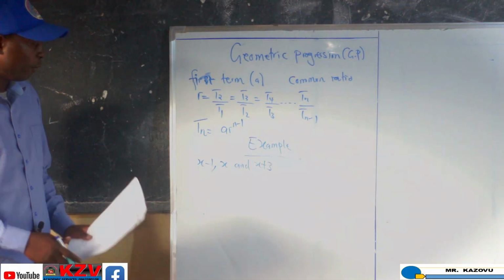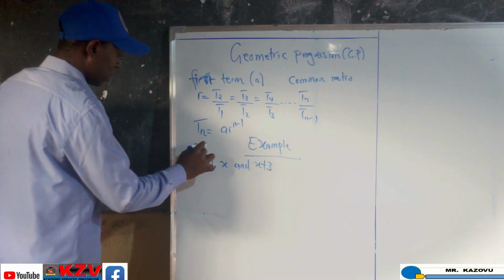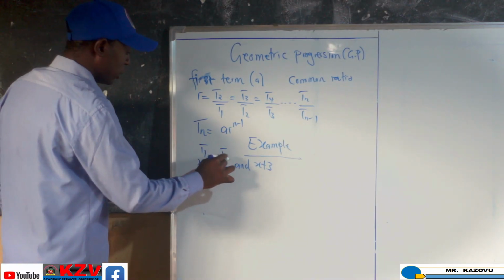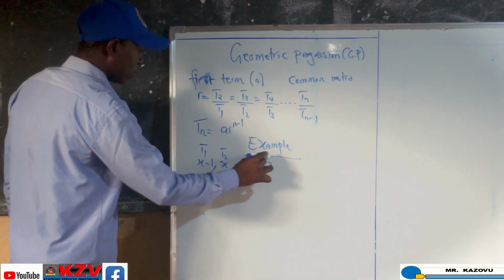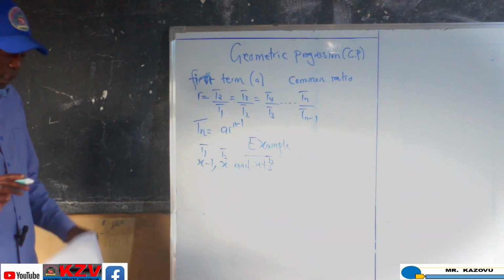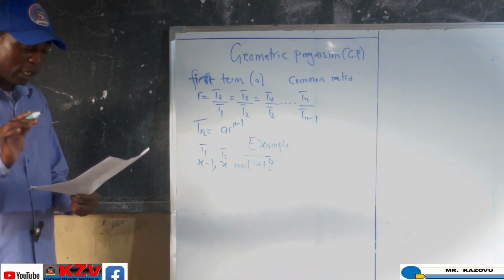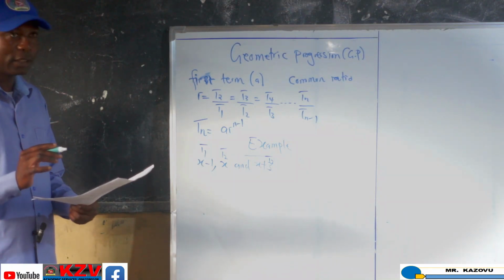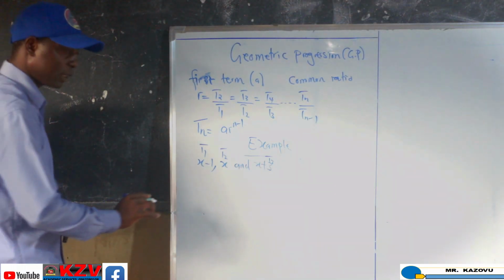So this one is T1, T2, and then T3. They are asking you to find the value of x.